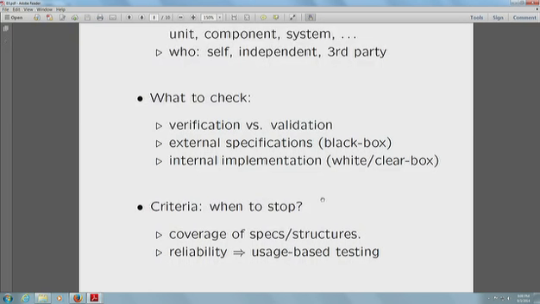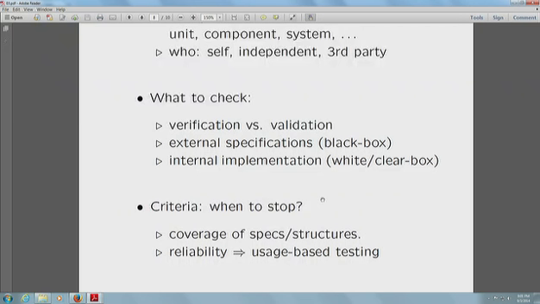Okay, and of course when you do the testing, one of the important things about testing, or about many other things, is: when do you stop testing? Well, with development, you typically have a more concrete criterion.